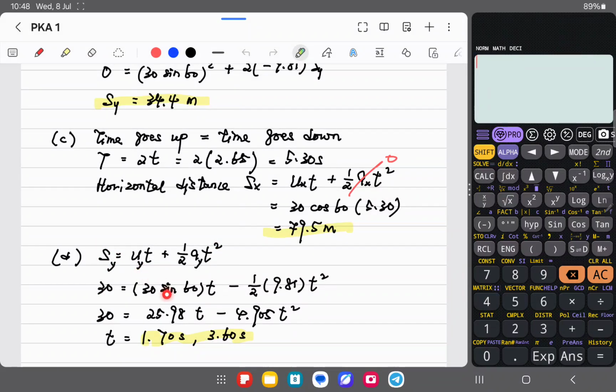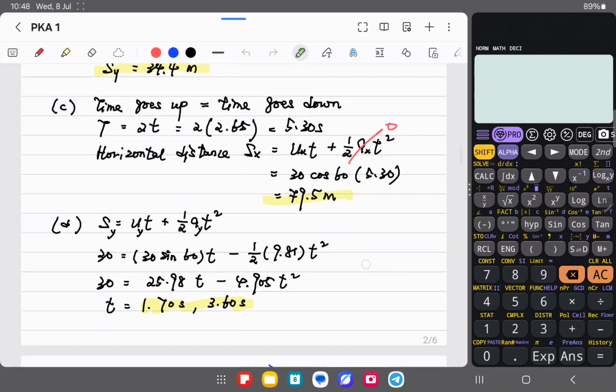So our Uy will be 30 sin 60, and our acceleration component y is negative 9.81. We are going to obtain a quadratic equation, solve it. We will get the times where the object reaches 30 meters as 1.7 seconds and 3.6 seconds.